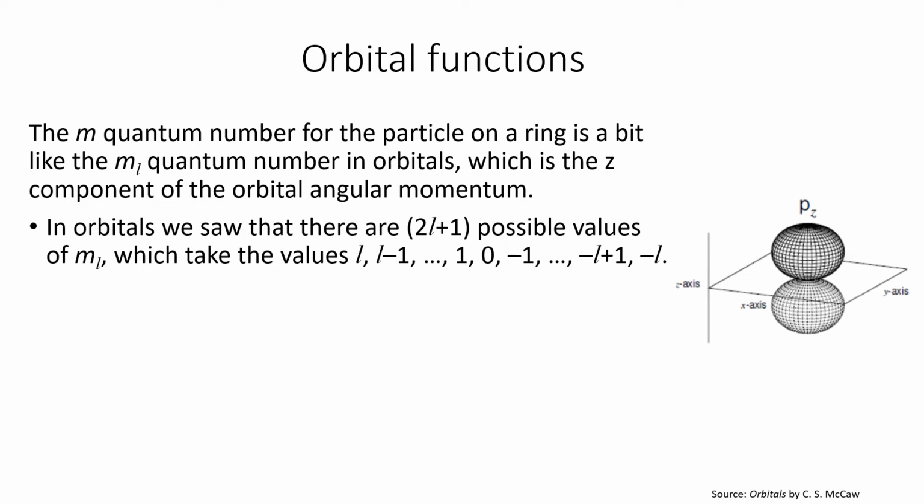And the interesting thing was that, again, we found it took integer values from plus L to minus L. So that orbital angular momentum vector kind of lines up in one sense up the z-axis versus lines up in the opposite sense against the z-axis, and then all the orientations in between through these integer steps. And that means there are a total of 2L plus 1 of these possible values of ml.